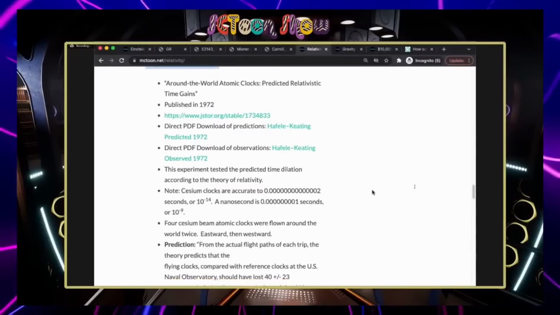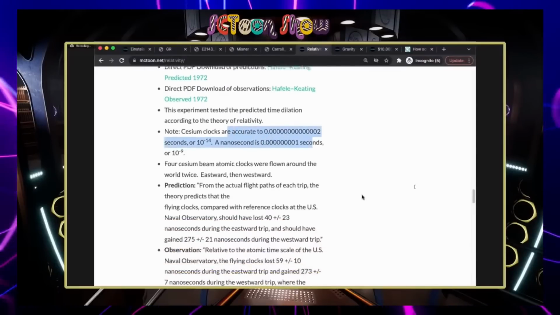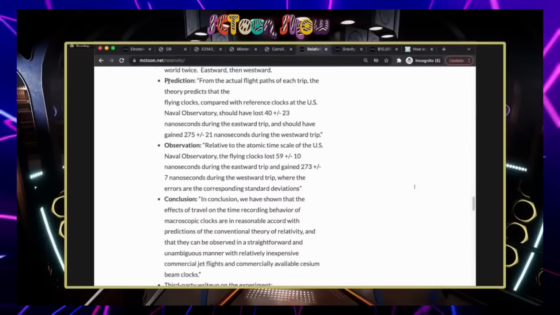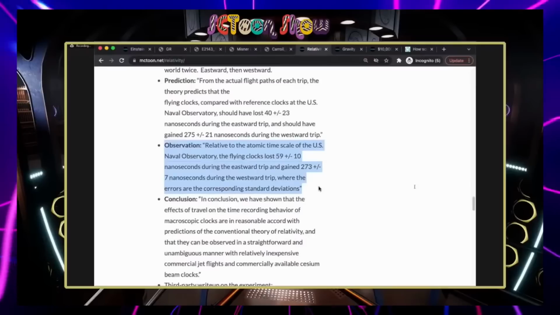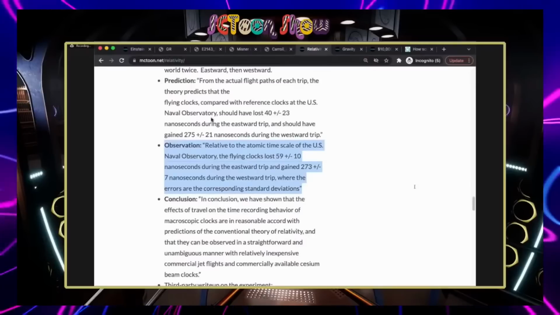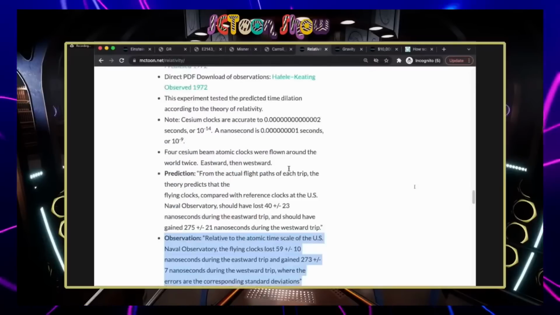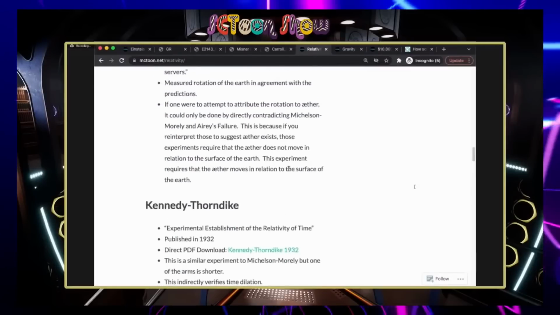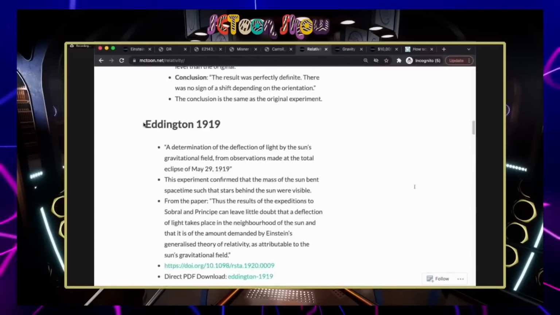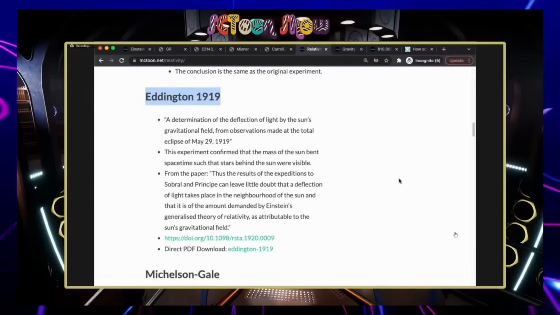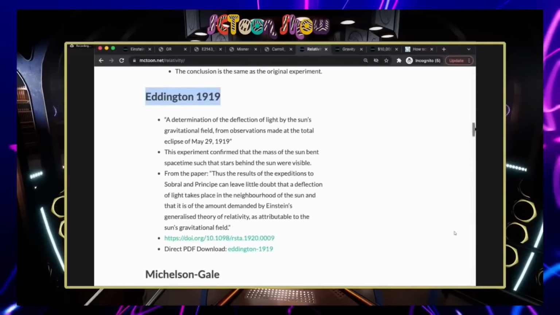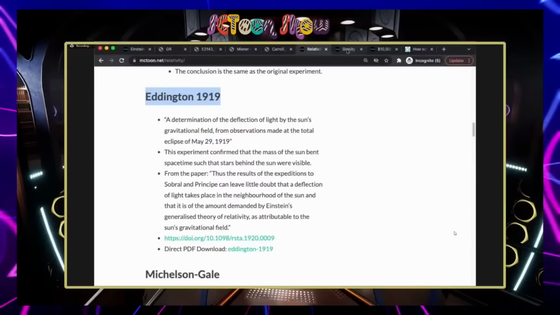Gained time and lost time. They were extremely accurate, and the prediction matched the observation. Einstein's relativity confirmed. Another one, the very first one, was Eddington 1919, when they saw the light of stars bending around the sun due to its gravity.